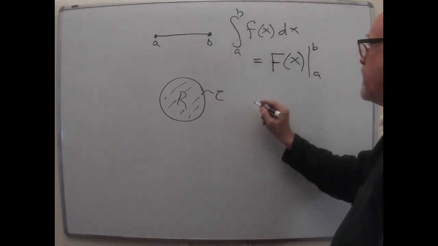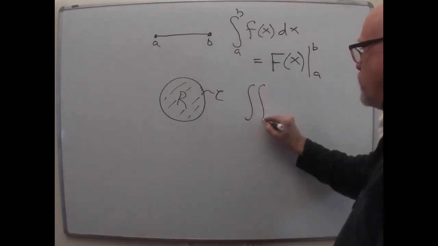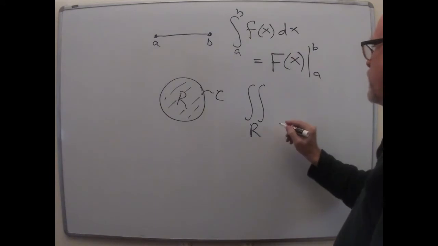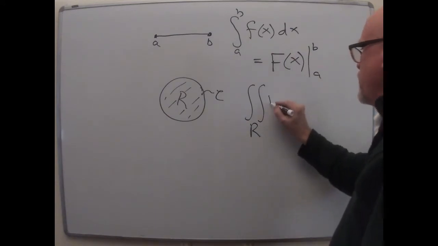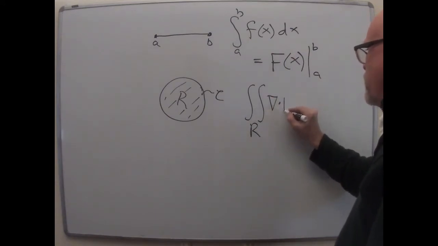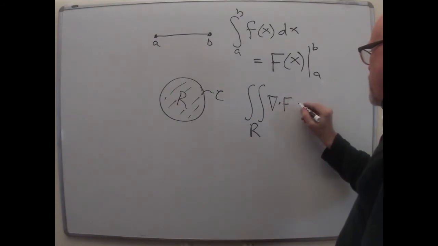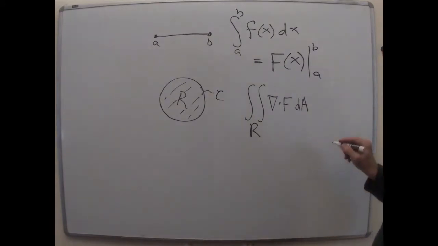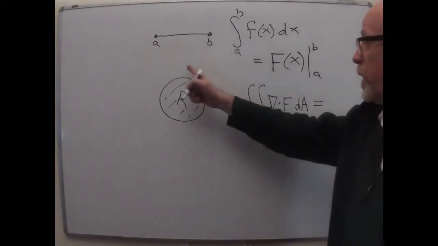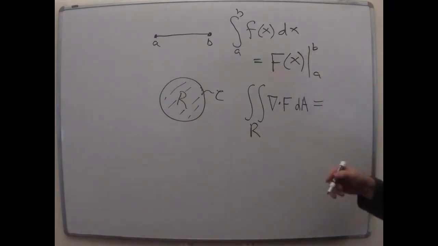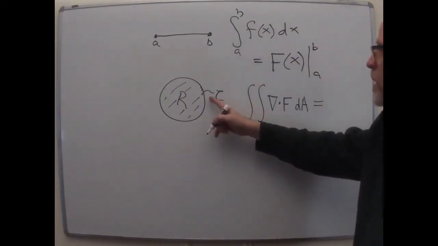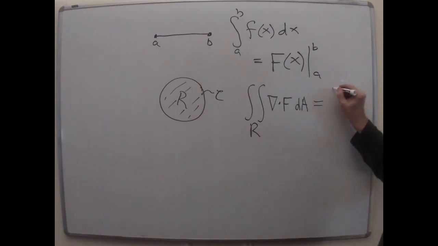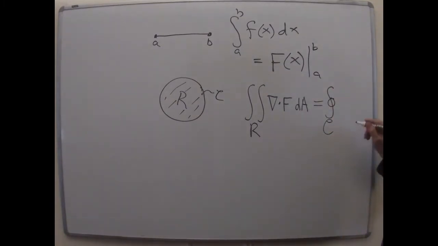It said a double integral over the region of the divergence of the vector field with respect to area could be done instead as an integral on the boundary. That is a closed integral over the curve C.